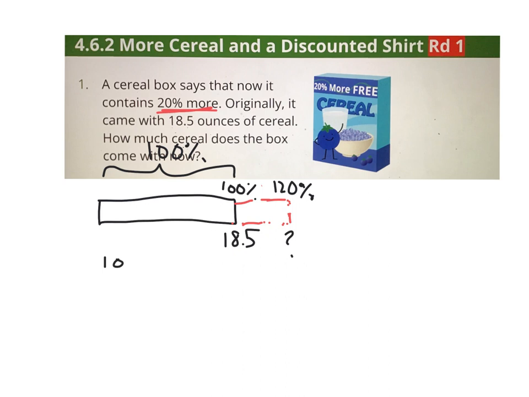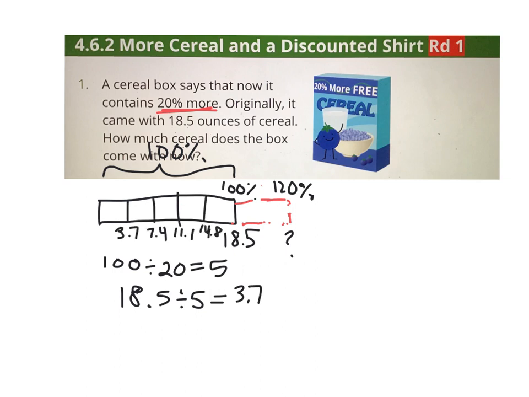So 100% divided by 20% is equal to 5. So there's 5 pieces there. And that means that we're going to take 18.5, and we're going to split that into 5 pieces to see how much each piece is worth. If you do that, you're going to get 3.7 ounces.